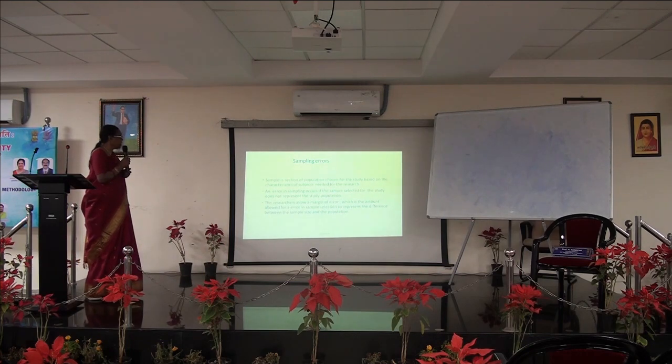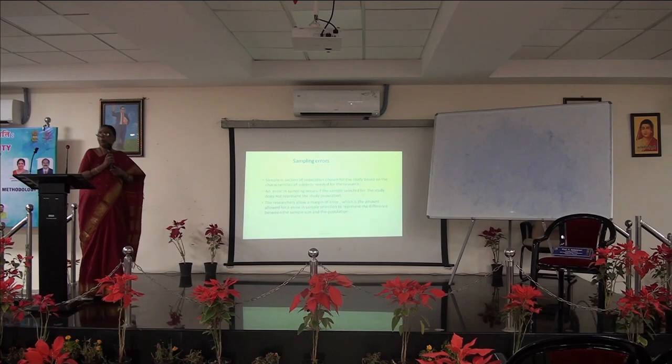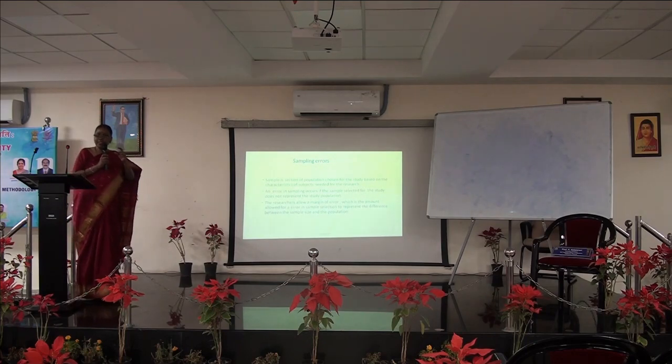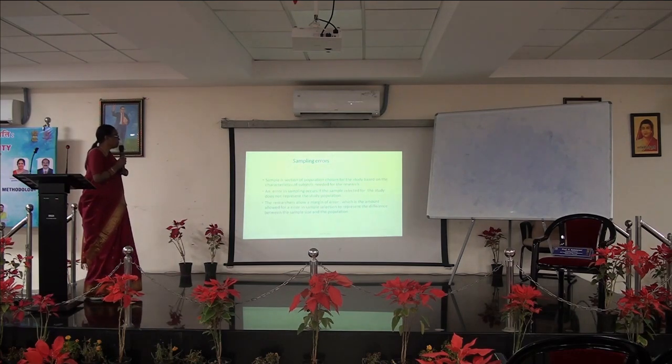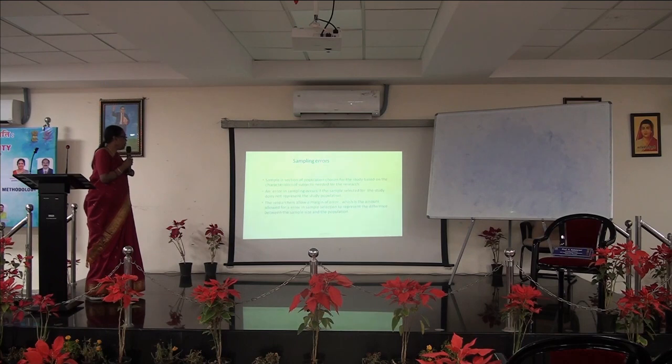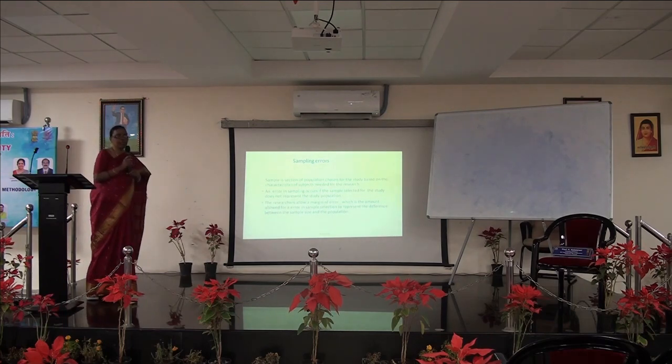The researchers allow a margin of error, which, you would have heard, is the probability. Probability is only a margin given to correct the error. The margin of error is the amount allowed for error in sample selection to represent the difference between the sample size and the population.